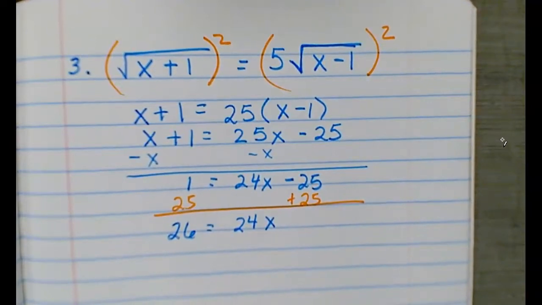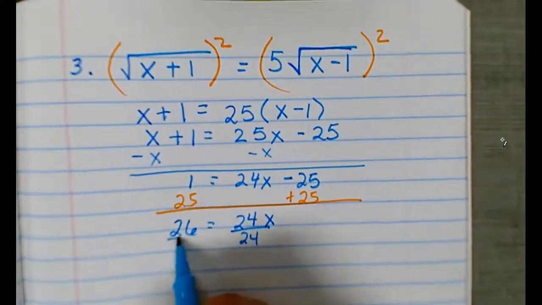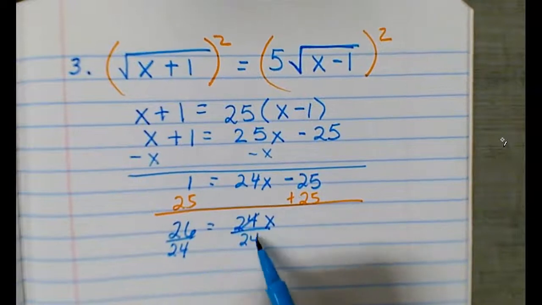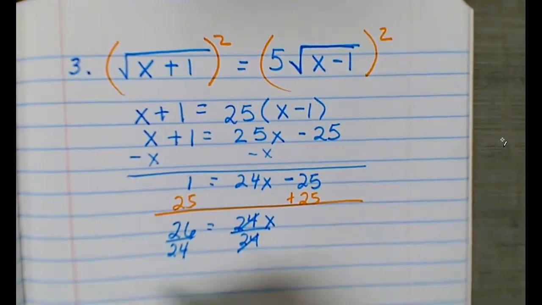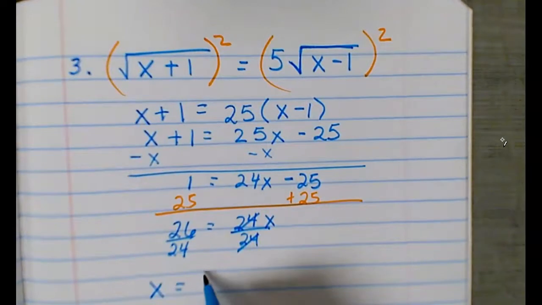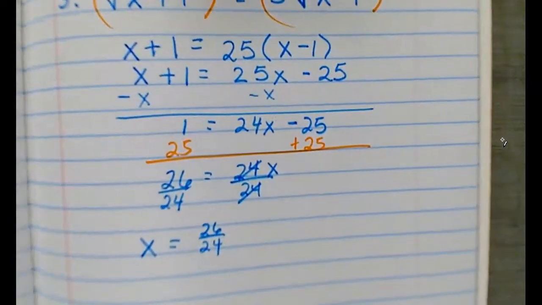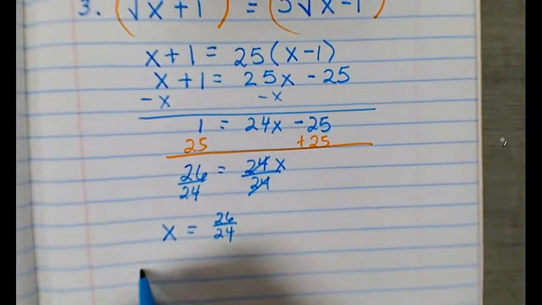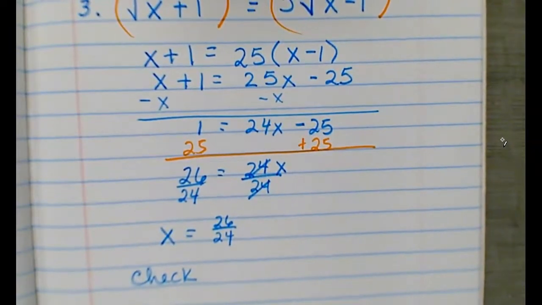What's that going to be? No, it's not. It's going to be a fraction. So that is going to be the fraction here. And we need to check that fraction. Ooh, my goodness, that's going to be ugly. Okay, so you must check for extraneous solutions.